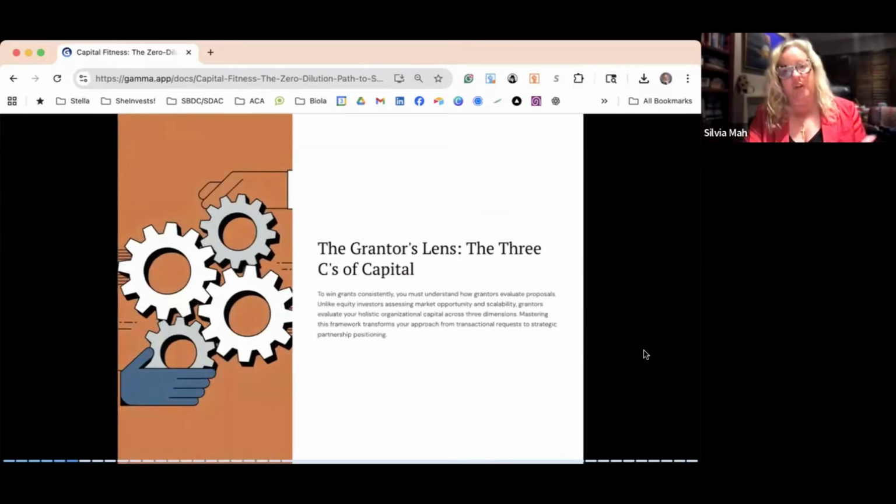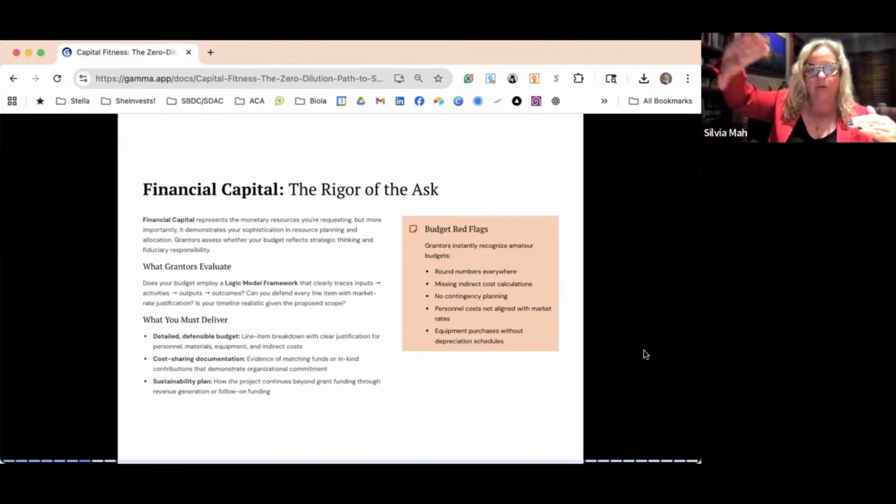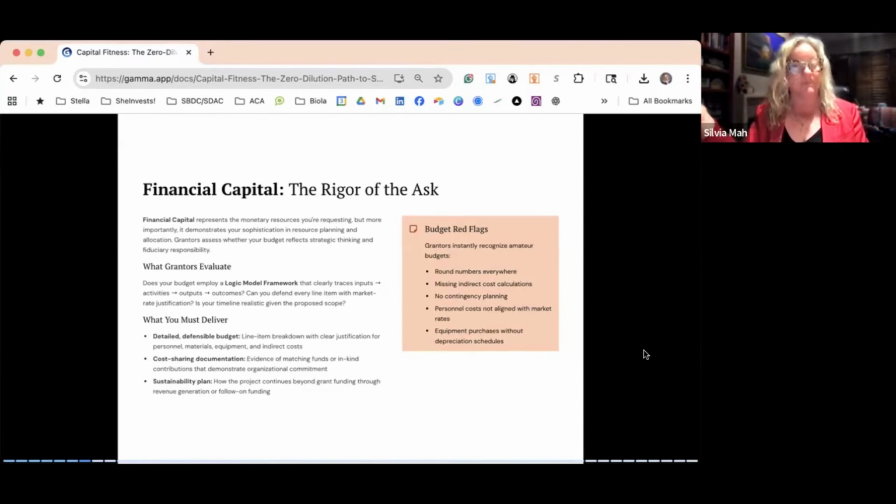Next up is the grantor's lens, the 3 C's of capital that I talked about earlier. First, obviously, is financial capital. It's that monetary resource that you really need. But it clearly traces the inputs that you have, the activities that you're doing to get to those milestones, and then the outputs that are coming out of it. They're going to ask for outcomes as well.